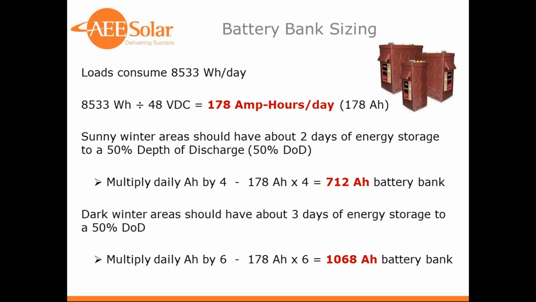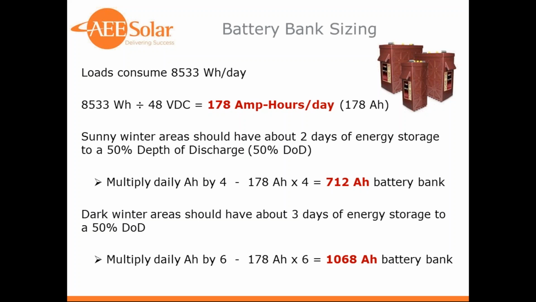Other technologies coming forward, such as lithium ion or saltwater batteries, you can generally discharge them further without shortening their life much. So these figures may change a little for that, but still, in an off-grid system, you still want to be able to store energy. It's not just based on cycle life or depth of discharge. You still want to have energy available to run the loads in the house.